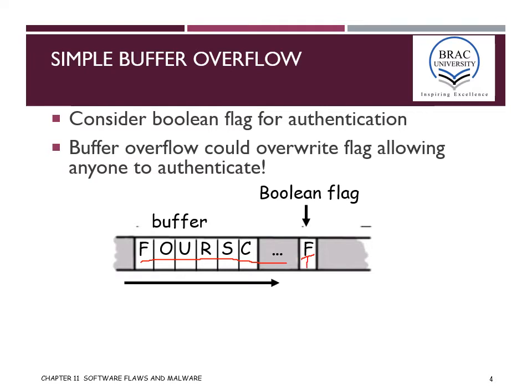So in that case what will happen? This authentication value or this boolean flag is changed because the buffer is overflowed. So now that means that the user is authenticated. So the first condition is there should be some overflow, and in the overflowed area there must be some important part.